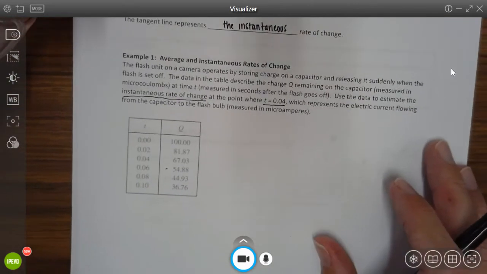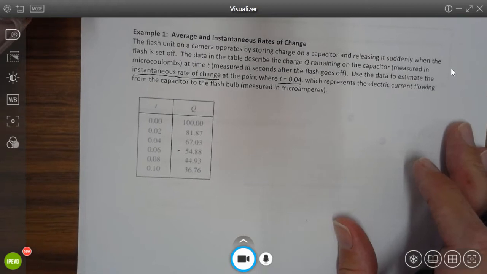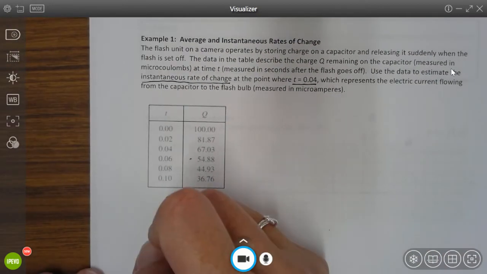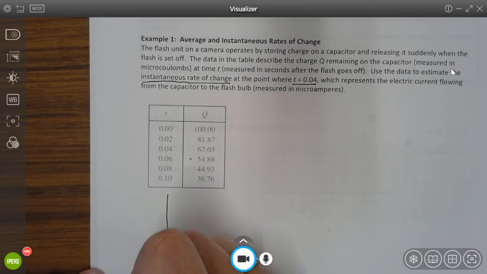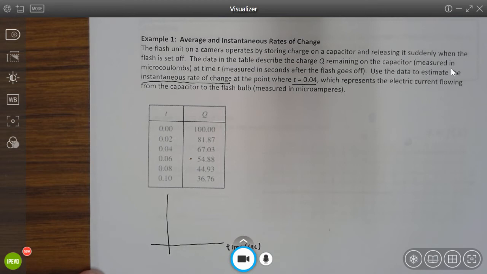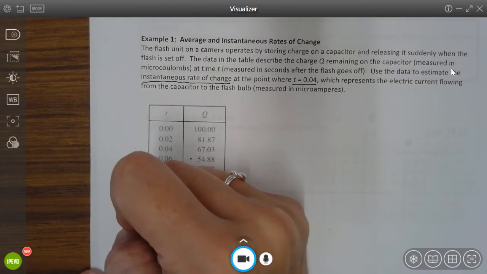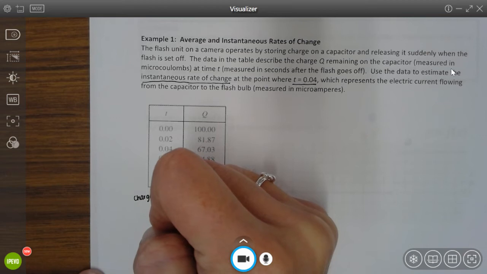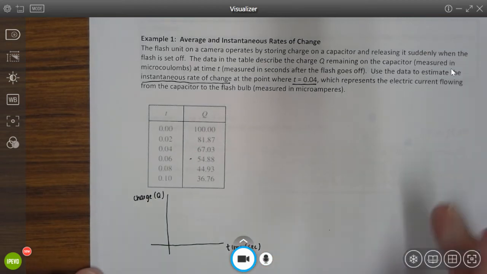So basically, if I were to take these points and graph them, I'm just going to do a quick little sketch here with my time in seconds along the x-axis and my charge Q along the y-axis.